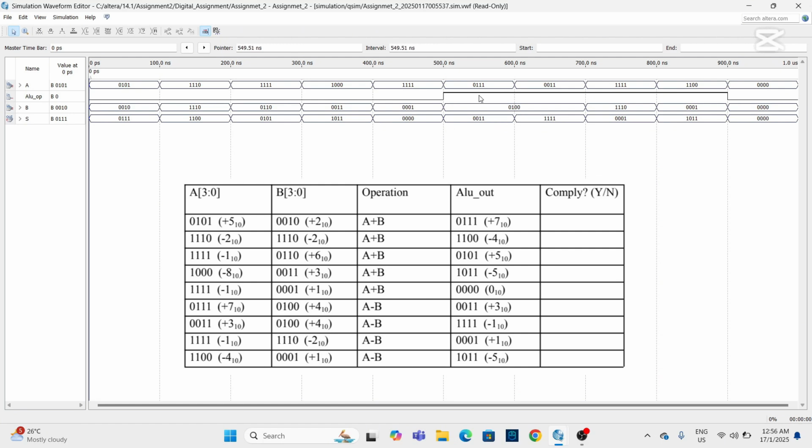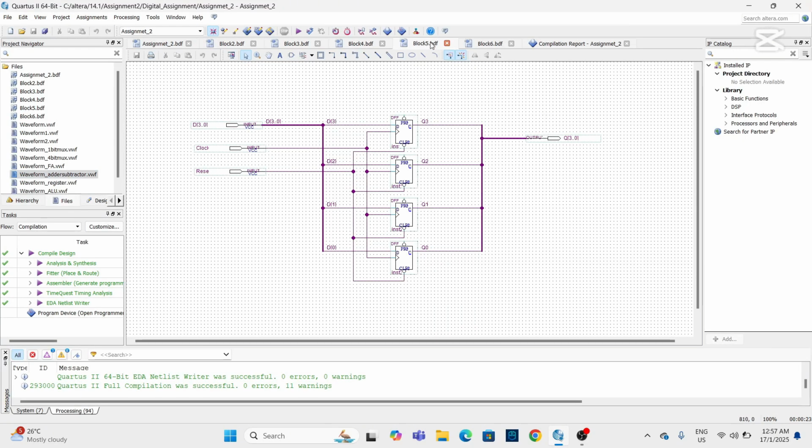And here, the ALU OP is 1, meaning input A minus input B gives the output. So 0111 minus 0100 equals 0011. Next, we will move to the register.